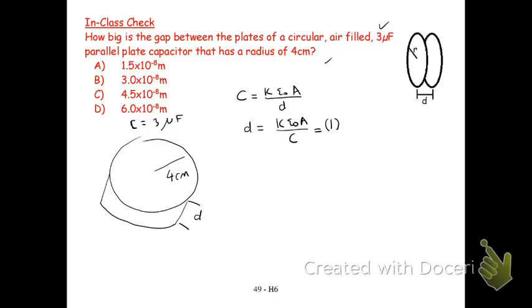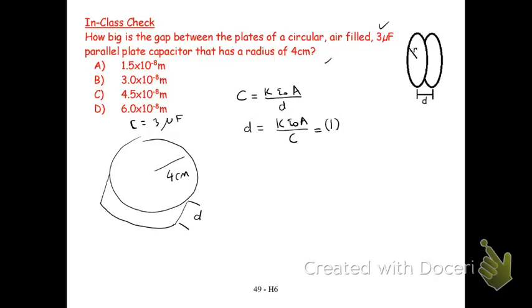My epsilon naught, trust me, I didn't give you it, and I don't honestly remember it, so let me do a quick bit of research here. I should remember it. I'm a professional, but I don't. Permittivity. Isn't it K is 1 over 4 pi epsilon naught? Of course it is.